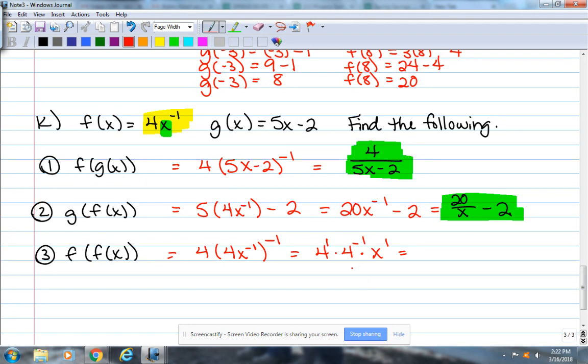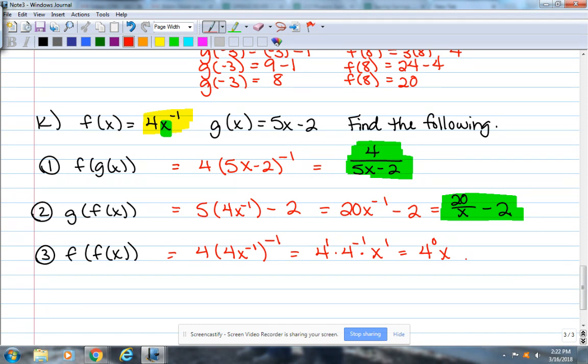And that'd be 0, and anything to the 0 power is, what's anything to the 0 power equal? One.